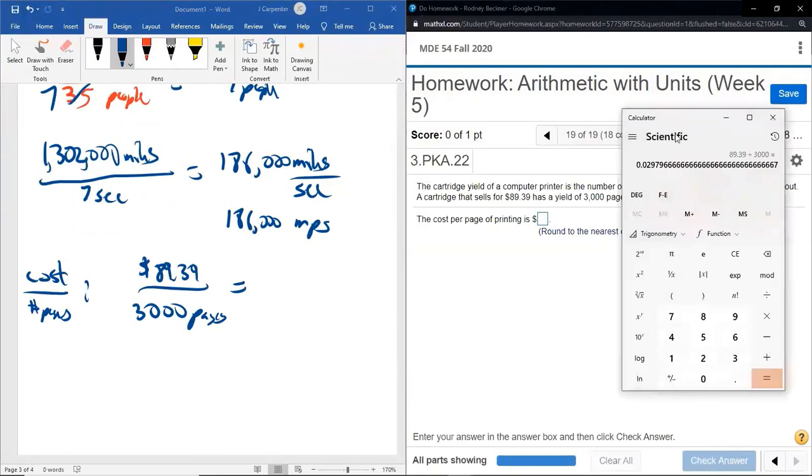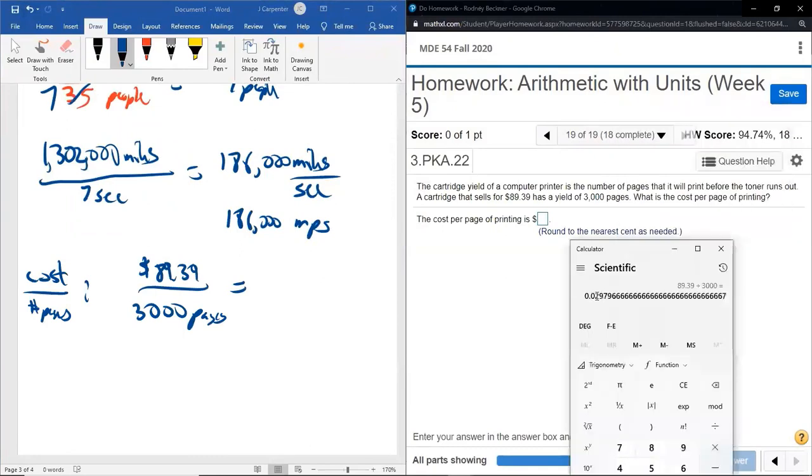0.02979 blah blah blah, and of course they tell us to round to the nearest cent, so it's going to be 0.029. Do we round this? Do we take the 7 and go up and round that 9? Well, yeah, it actually would give us the same answer coincidentally, but no, we're looking at the 9, the thousandths place. That tells us to round up, so the 2 becomes a 3, so it's 0.03.